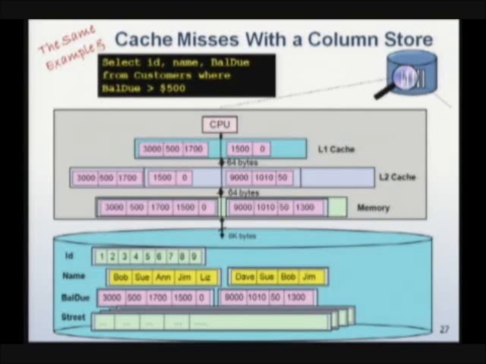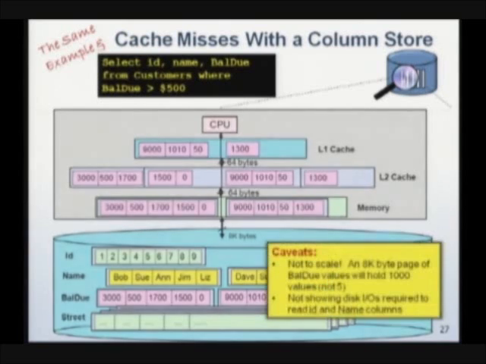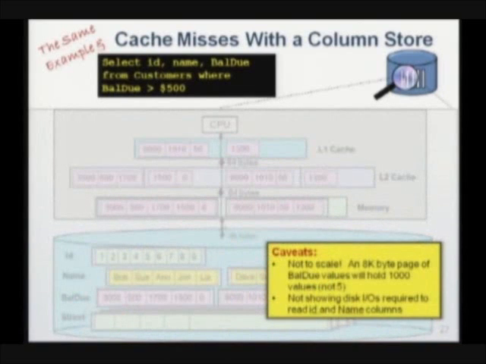I'll have a miss on L2, but again, every miss brings good stuff into the cache and not a bunch of wasted stuff into the cache. So if you have an 8K byte page, you'll get 1,000 values per page, not 5, obviously. Okay? If you have a 32K byte page, you'll get 4,000 values on a single disk I/O.